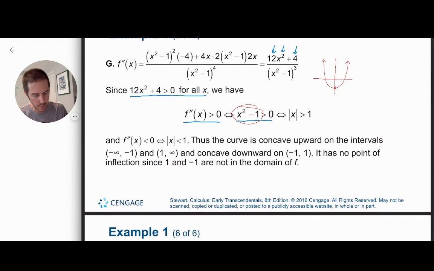So this point right here would be at -1, which means that this is at +1. I know that just from having worked with enough basic parabolas. So x squared shifted down 1 unit.